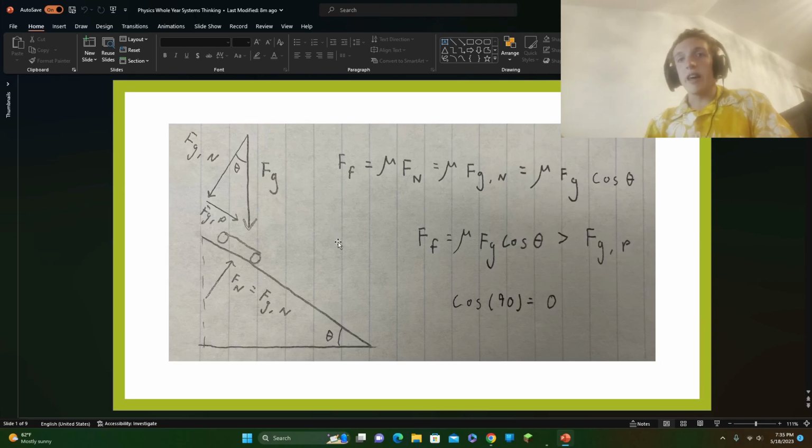As this theta gets bigger, the force of gravity in the parallel direction gets bigger, while the force of gravity in the normal direction gets smaller. So as cosine of 90 approaches 0, mu times force of gravity times cosine theta, which is going to be this side, approaches 0, and therefore the force of friction approaches 0, which is good, which means that the track and the cart can start.